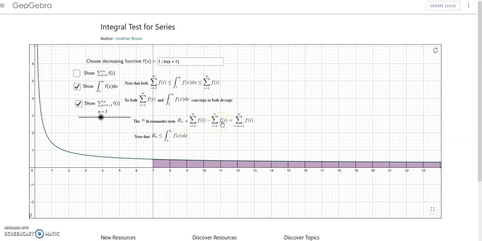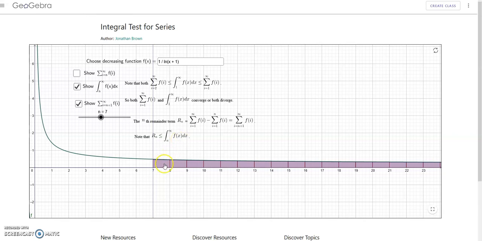The idea is we want to know how close the nth partial sum is to the actual value of the series. So we can take the whole series and subtract the nth partial sum. However, that just means we're starting the series at n plus 1. So that's R_n. And in red, we've got the sum from i equals n plus 1 to infinity.